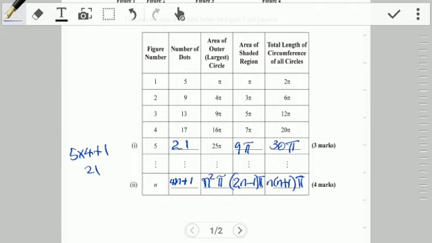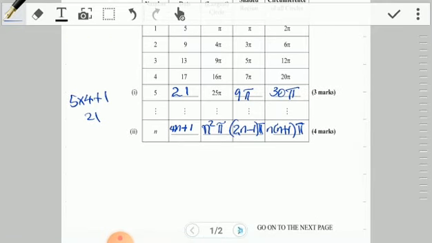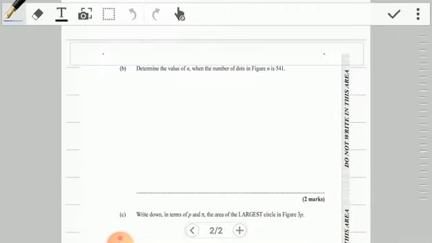We'll complete the table there, and let's finish the other two questions quickly. On the next page they're saying determine the value of n when the number of dots is 541. Remember, we found from the previous table that the number of dots can be represented by 4n plus 1.